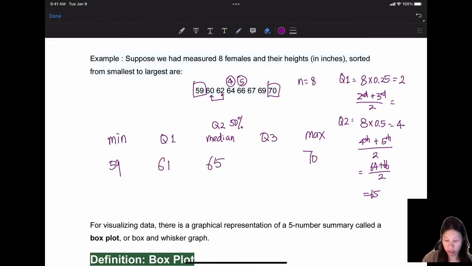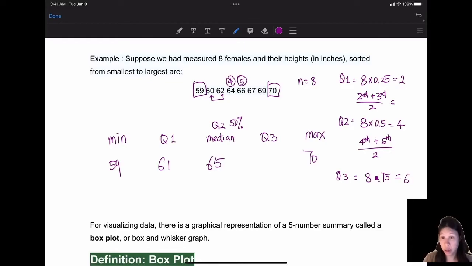Q3, let me erase these. I am running out of room. So Q3 would be the size of the data set times 0.75, which equals 6. So it's a whole number.